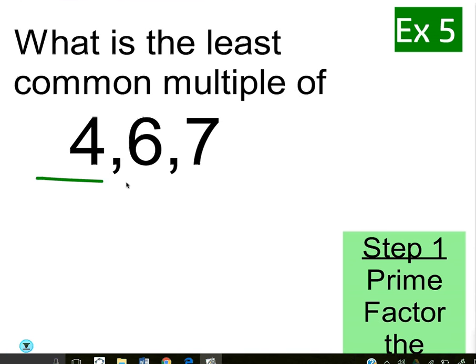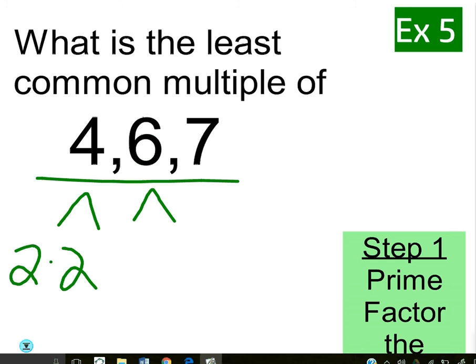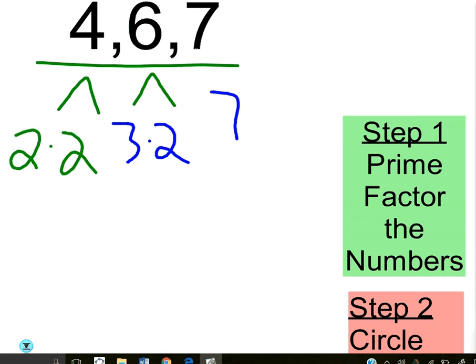Let's do 2 more. 4, 6, and 7. All right, what's the prime factorization of 4? 2 times 2. Okay, 6 is 2 times 3. And then 7. 7 is a prime number, so it's already prime factored. Okay, so on the left, I'm going to write this as 2 squared.